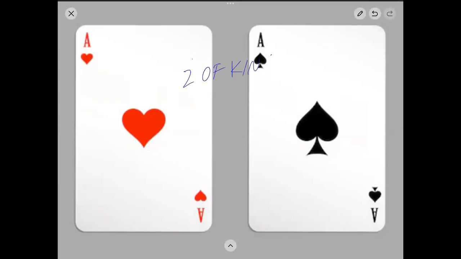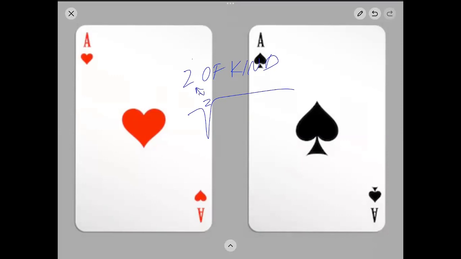Now, the reason that I'm using this image is we're going to use this idea for simplifying square roots, cube roots, and fourth roots. So in this case, if I had a square root, that means I have a 2 here, and 2 of a kind and square roots are going to go together.